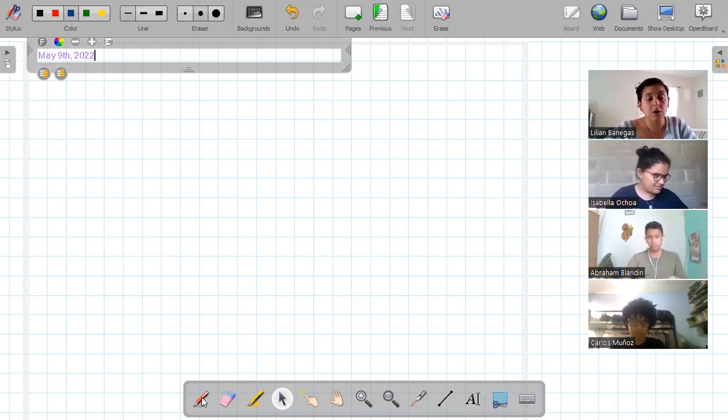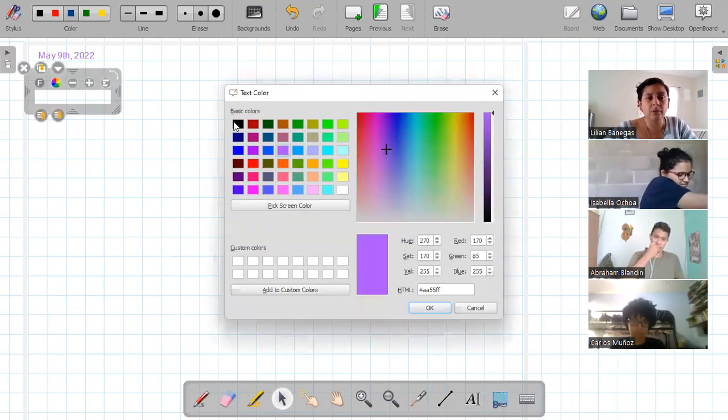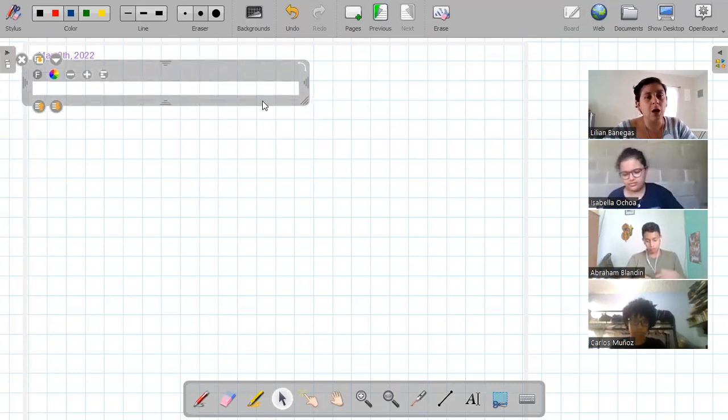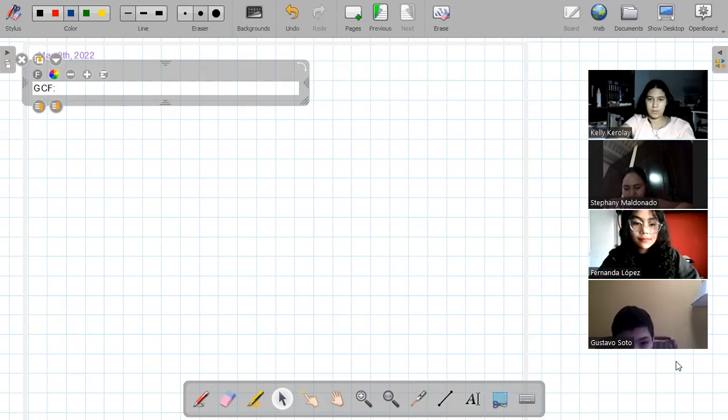So the first thing that we're going to do is to define, okay? Only define what a GCF is, because we already know the definition, but just in case. GCF stands for what? Greatest common factor. Very good, the greatest common factor.